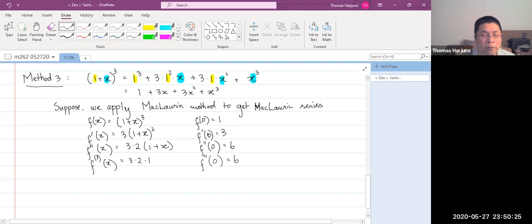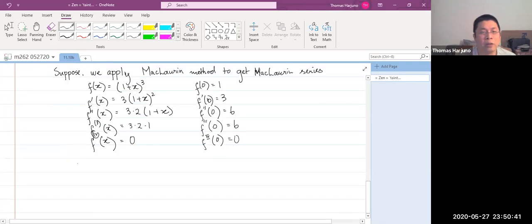Clearly, the fourth derivative will be 0, right? Because it's already constant here. So the fourth derivative here will be 0.